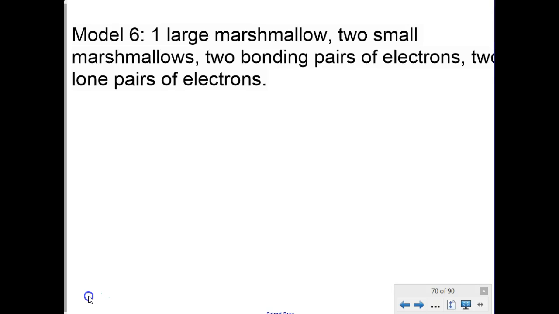Lone pairs of electrons only have one job, and that job is to repel. So these lone pairs push against these bonding pairs. There is a smaller bond angle between this one and this one because of the repulsion of these lone pairs. So it's not 107 degrees. It's actually about 104.5 degrees.